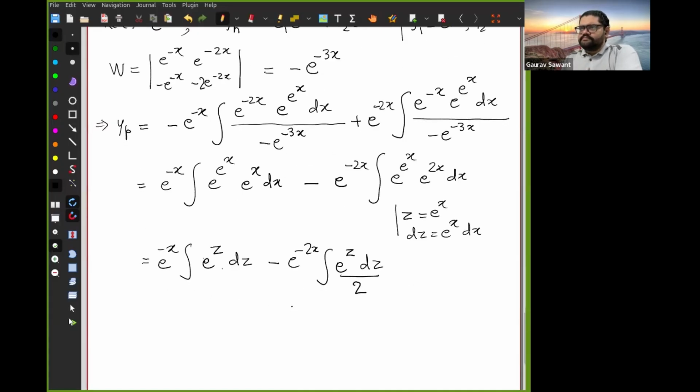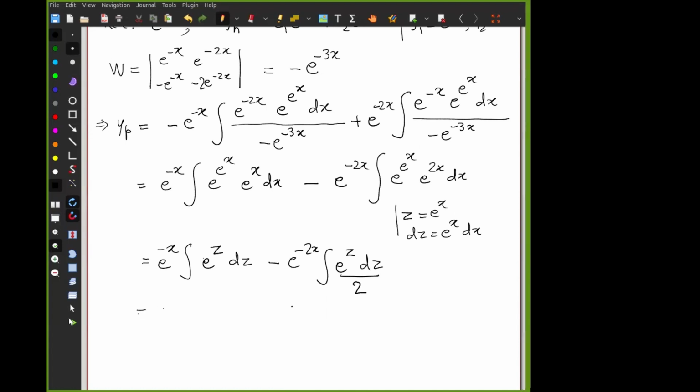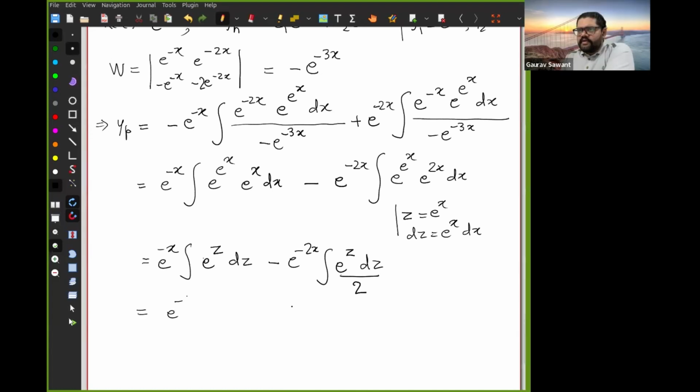So this will be e power minus x e power z minus half e power minus 2x e power z.